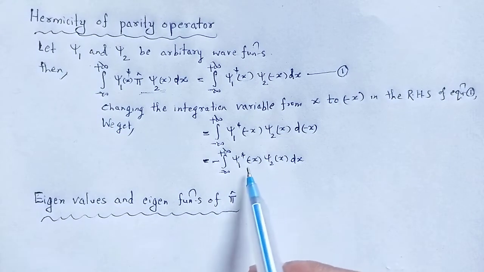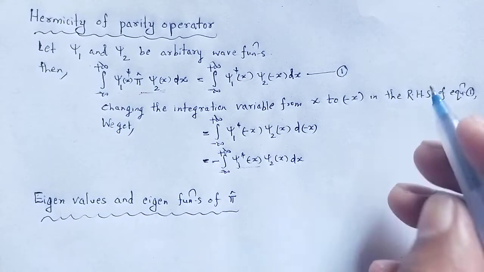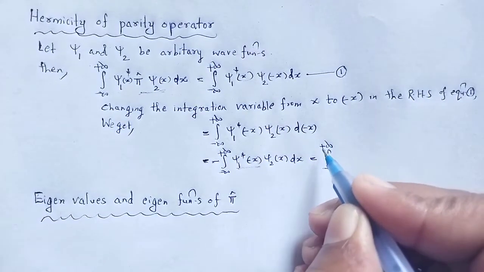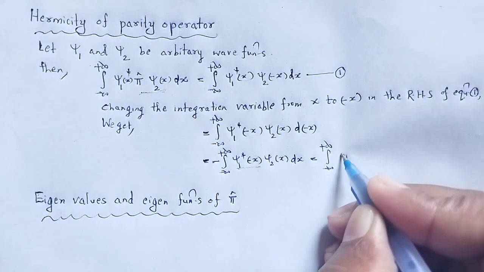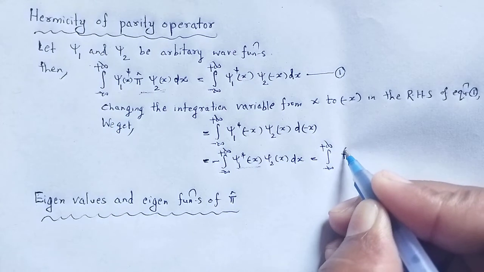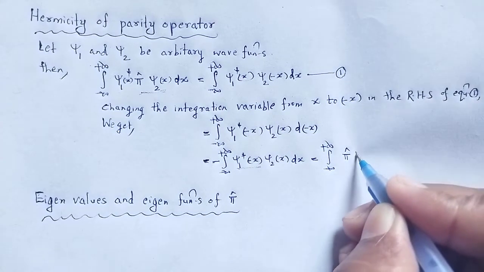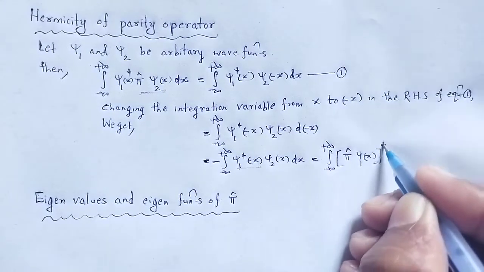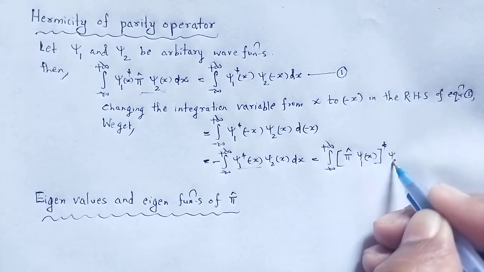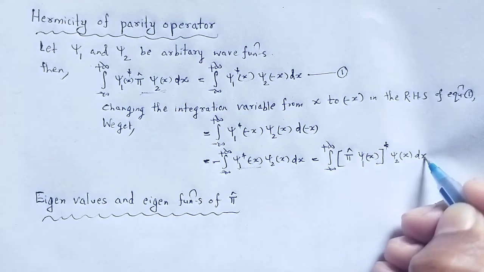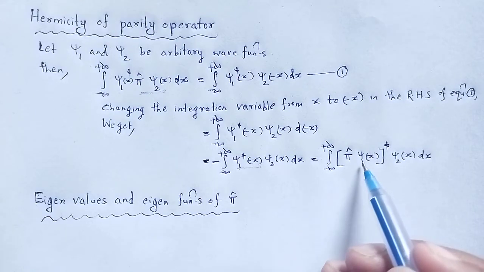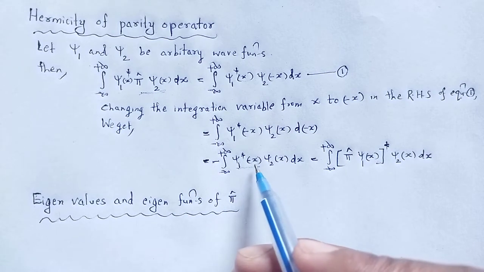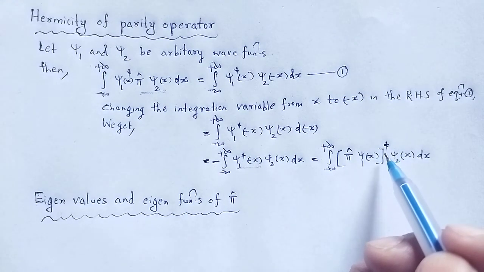Psi 1 star minus x can be replaced, and the integration from minus infinity to plus infinity can be written as pi cap psi 1 x conjugate psi 2 x dx. When the operator operates over psi 1 x, that gives rise to psi 1 of minus x, and psi 1 star of minus x.